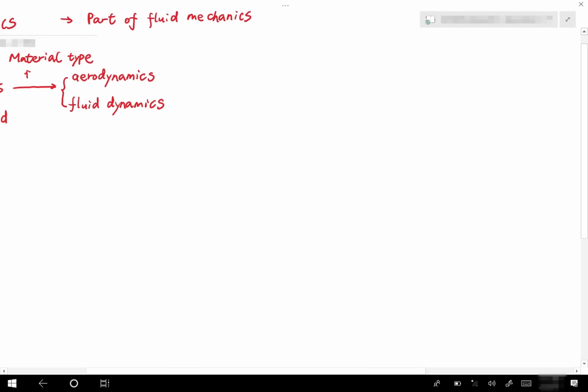And for fluid dynamics, depending on the flow type, we have two types of flows. One is incompressible, and the other one is compressible.